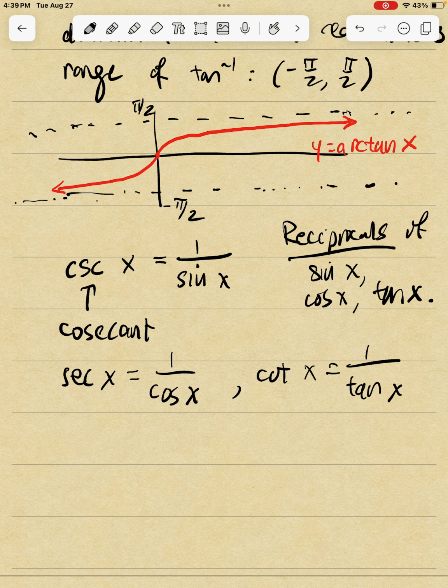Now these are not the same as the inverse sine, inverse cosine, and inverse tangent, because for the reciprocals, what do you do to the y value? You just take 1 divided by it, right? That's the reciprocal. Whereas the inverse function does something completely different. It takes sine x and then returns the original value of x as long as x is in between negative pi over 2 and pi over 2 in the case of sine.